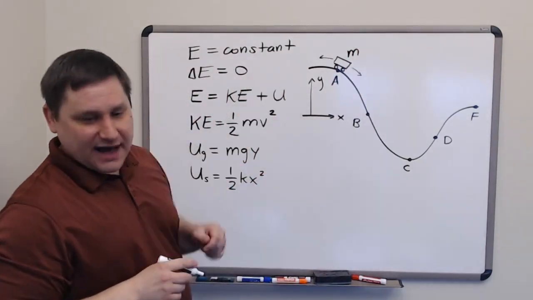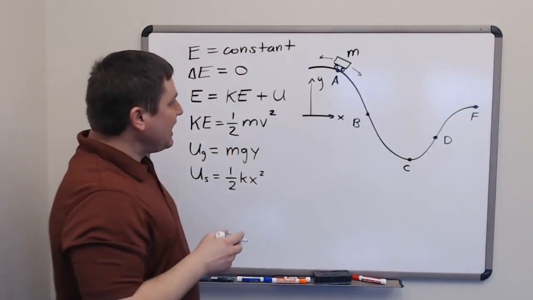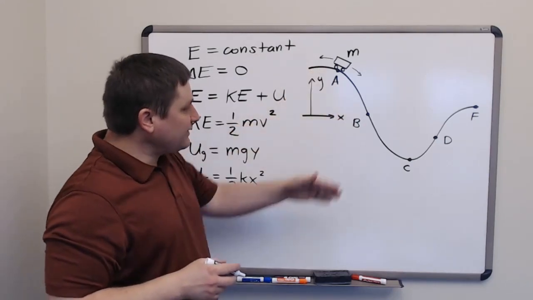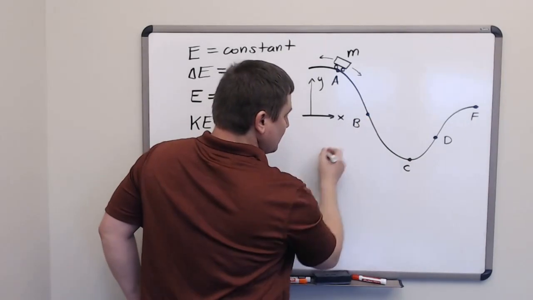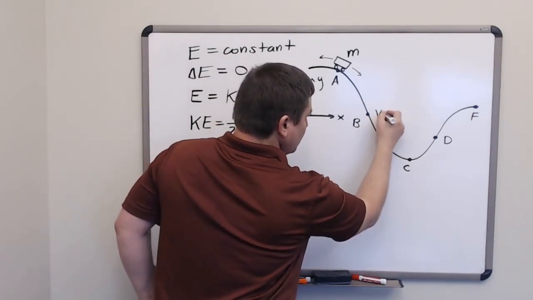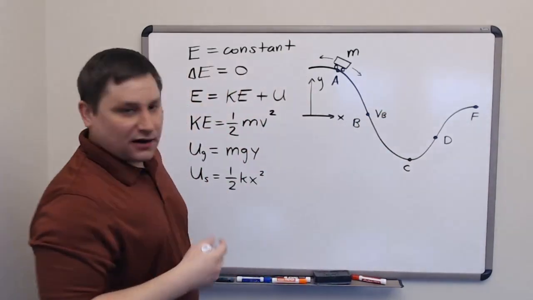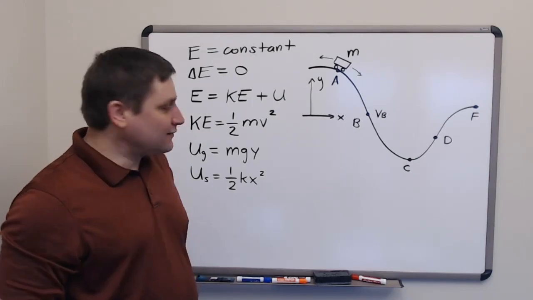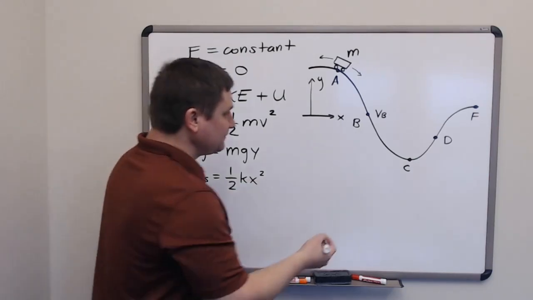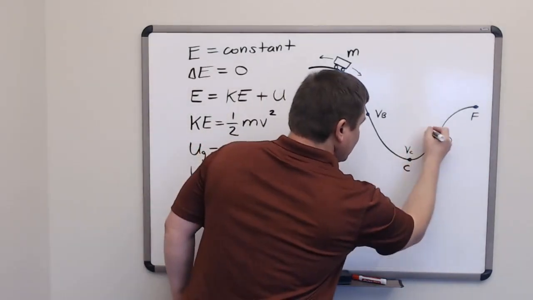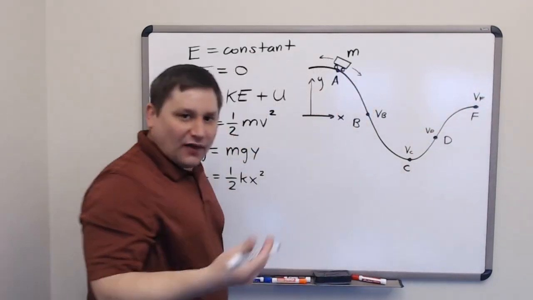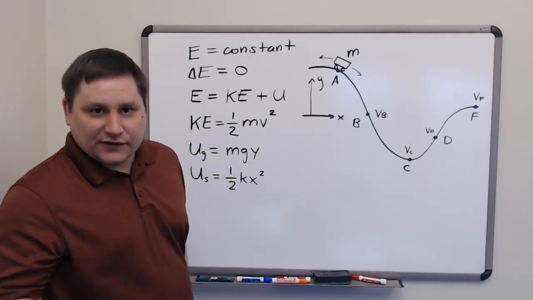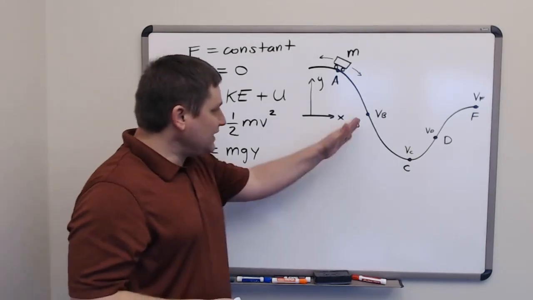My object has a mass which I'm going to call m, and at any particular point, let's look at, say, location B. This cart would have some speed, which we would label as VB. And at all the other points, it would also have some speed, V with some subscript.